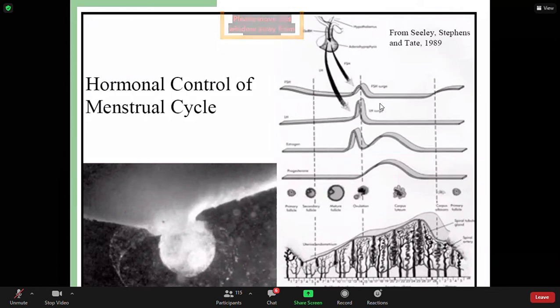There is formation and growth and development of the follicle.